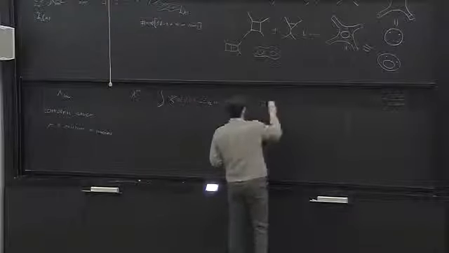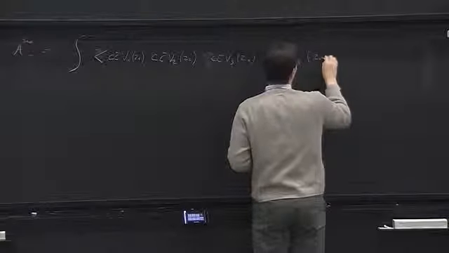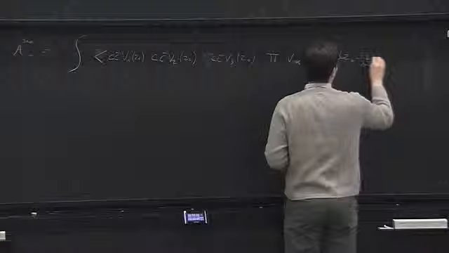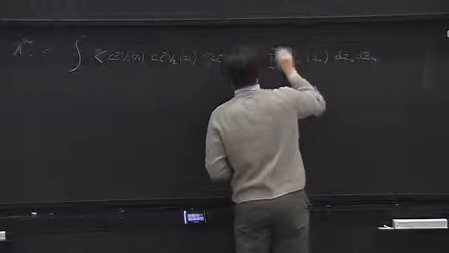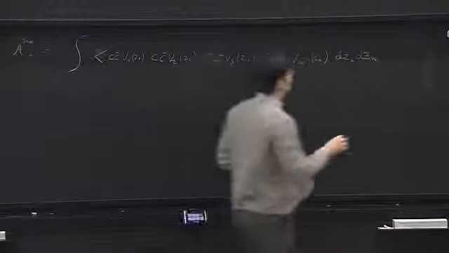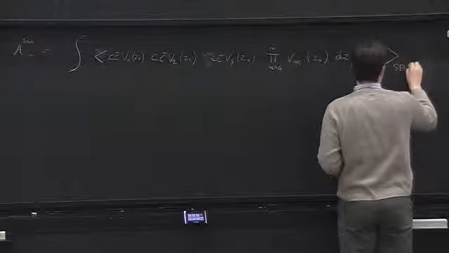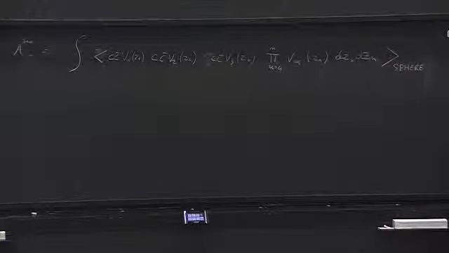So you just have a product of V_k, d z_k, d z bar_k, k equal to 4 all the way to n. So this is the answer for the string theory tree-level amplitude.